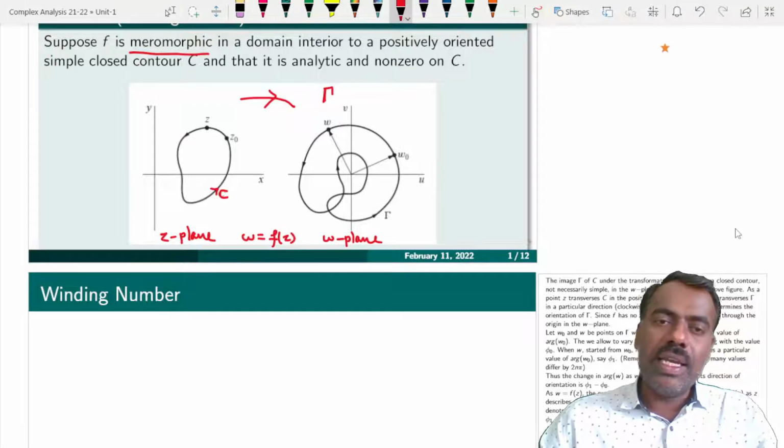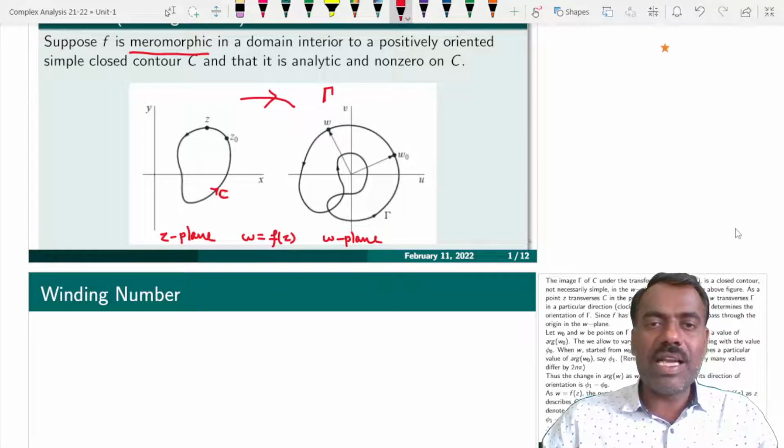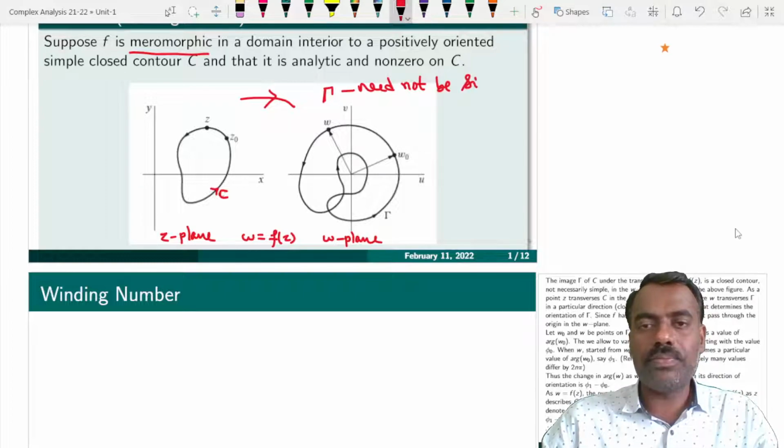You can check that even though C is simple, this gamma need not be simple.